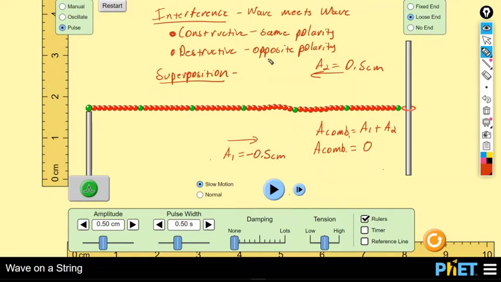And with destructive interference, the superposition is less than the amplitude of the greatest of the two wave pulses. Okay, so in constructive interference, they have the same polarity and the amplitude is greater than the individual amplitudes. And with destructive, they have the opposite polarity and the superposition, or the combined amplitude, is less than the individual amplitudes.